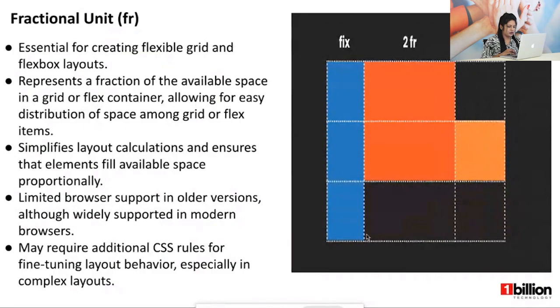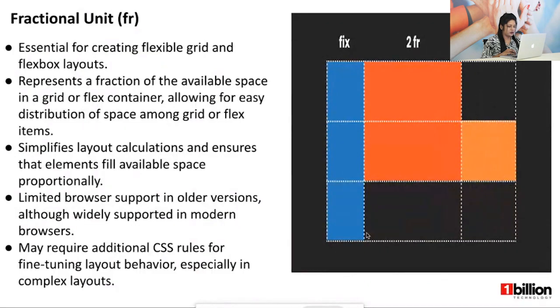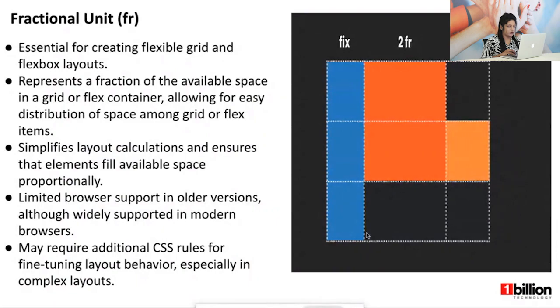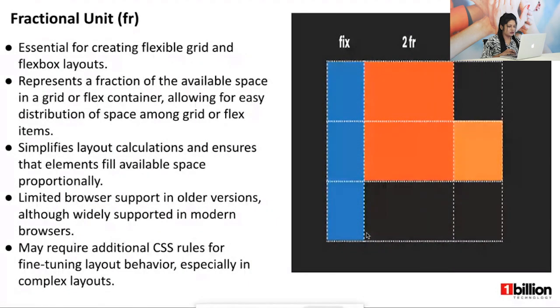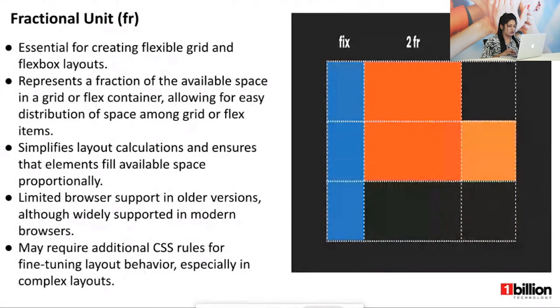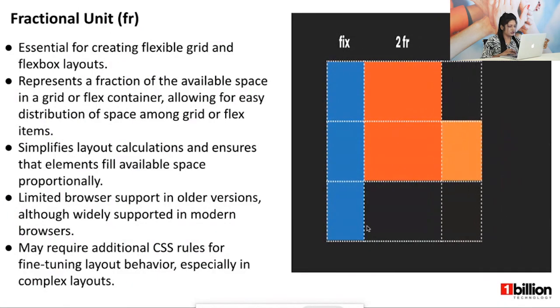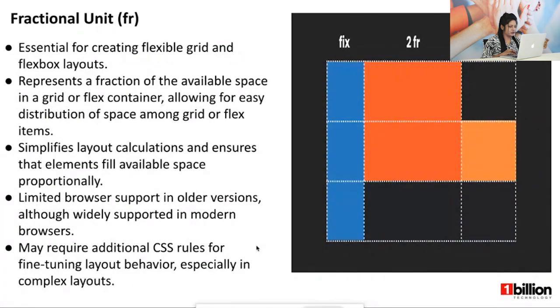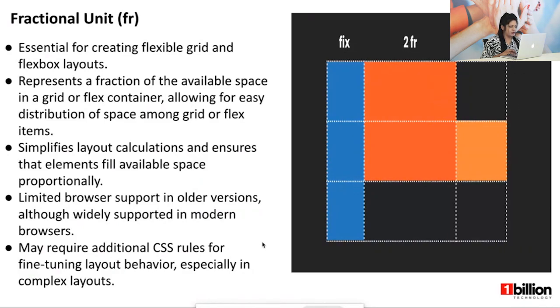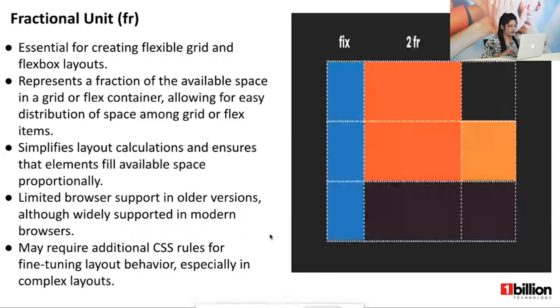While FR units are widely supported, older browsers may have limited support. Additional CSS tools may be needed for complex layouts. The limited browser support in older versions, although widely supported in modern browsers, may require additional CSS rules for fine-tuning layout behavior, especially in complex layouts.